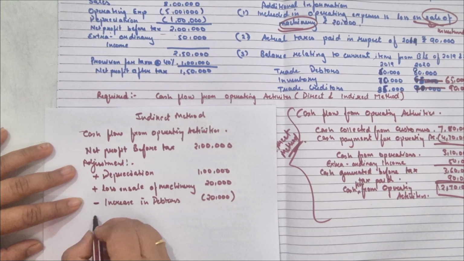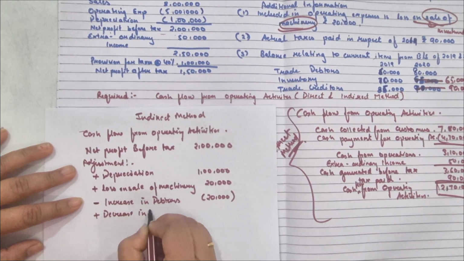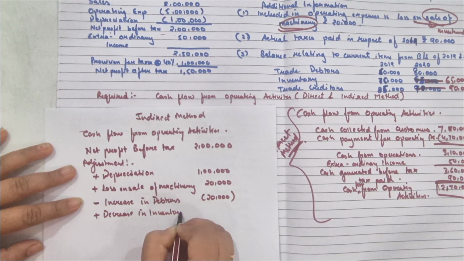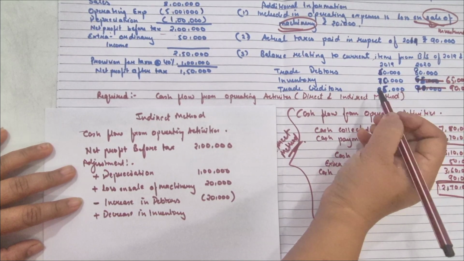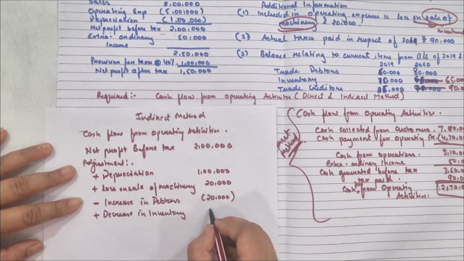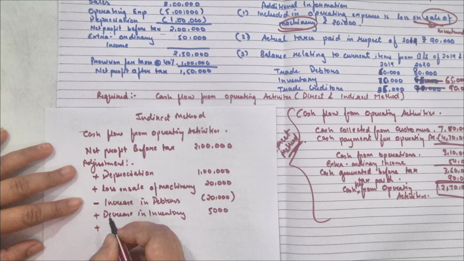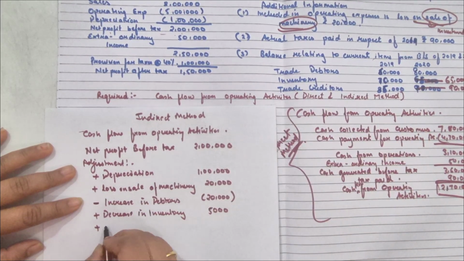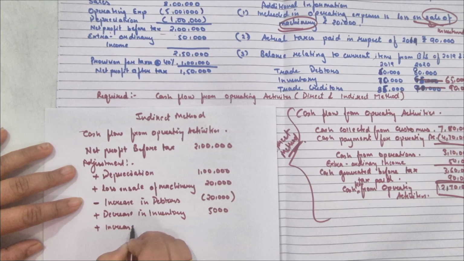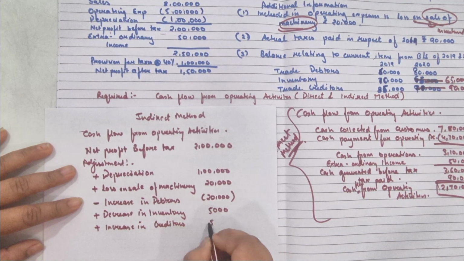Then there is a decrease in inventory, so we must have sold our inventories. It went from 70 to 65, so 5,000 would be added as cash generated. Similarly, an increase in creditors means we have not yet paid, so an increase in creditors of 5,000 is there.